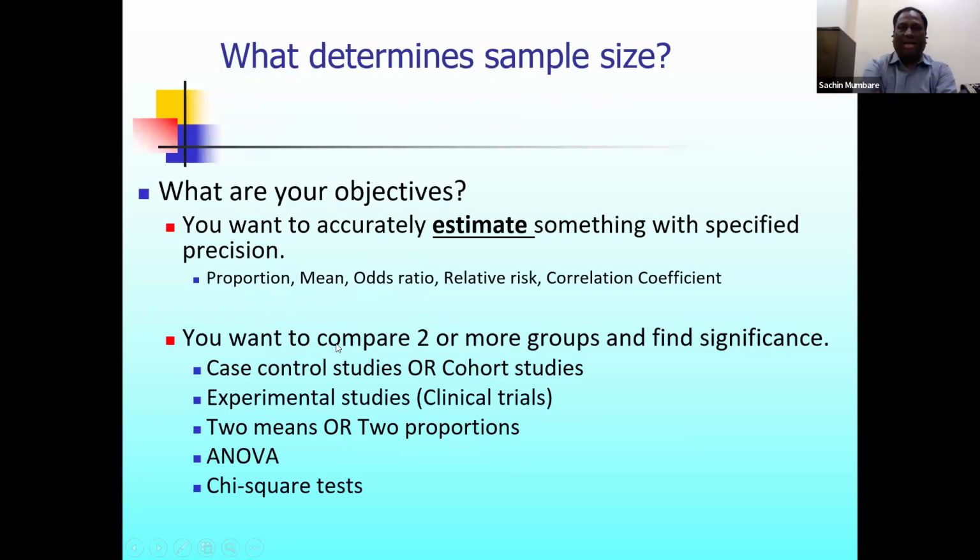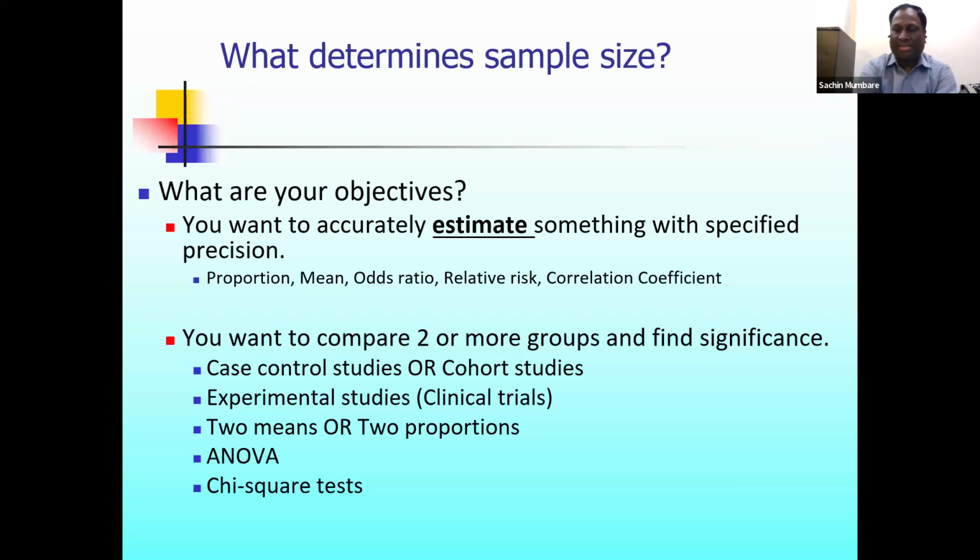Now, what determines the sample size? As I have already said, I have divided the scenarios into two main parts to make it easier for you to determine the sample size. So the objectives are divided into two parts. The first part is when you want to accurately estimate something with specified precision.